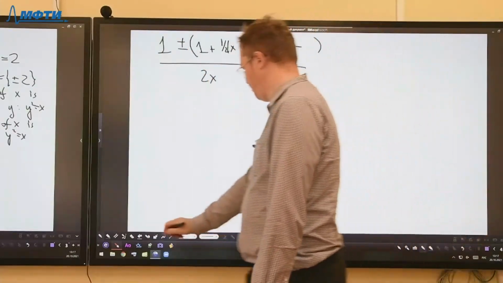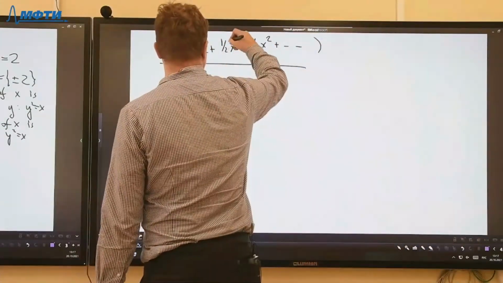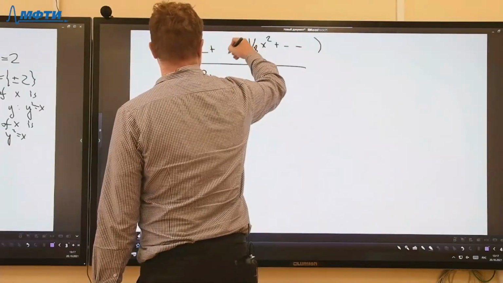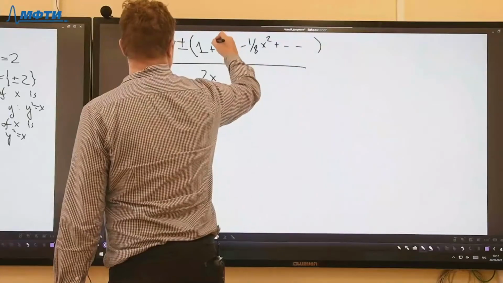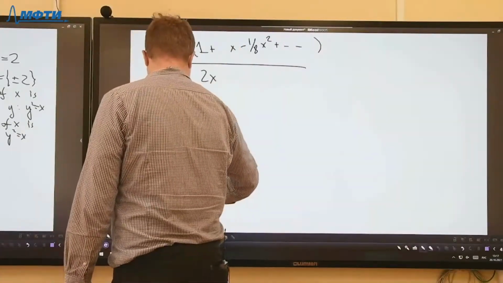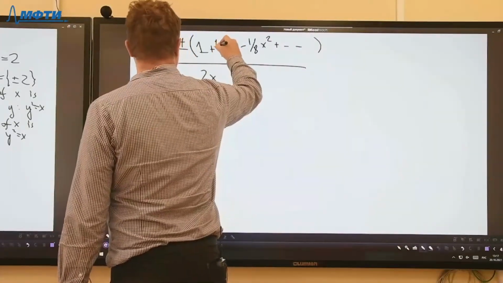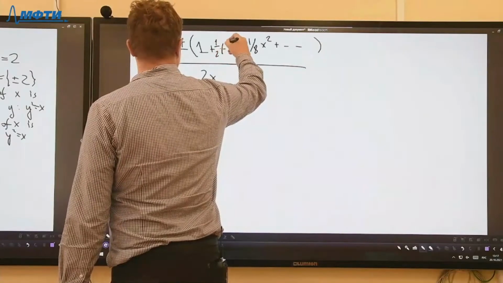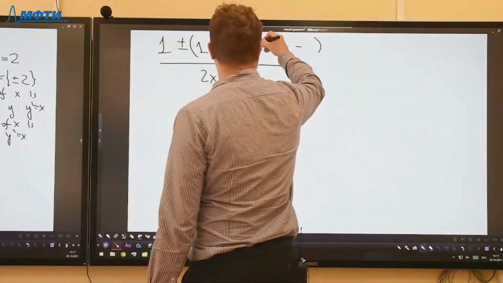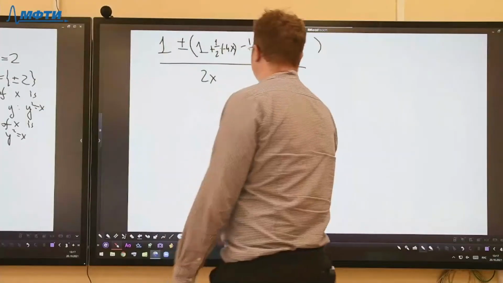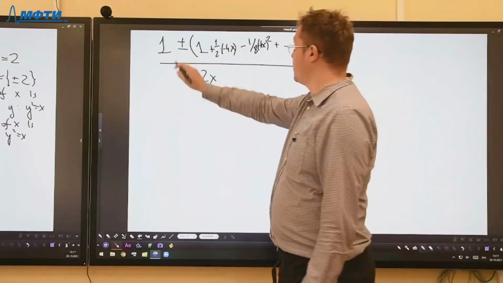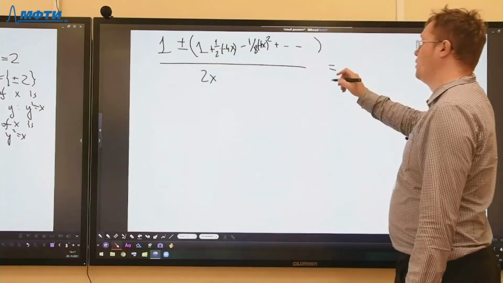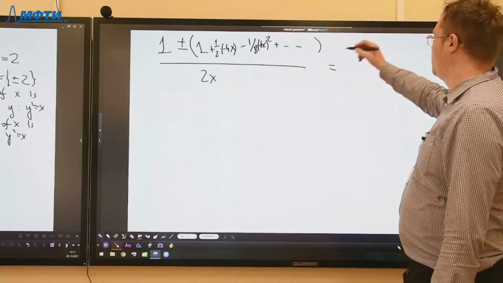So we will have 1 over 2 times minus 4x. If I take minus, then the constant term will be 0.